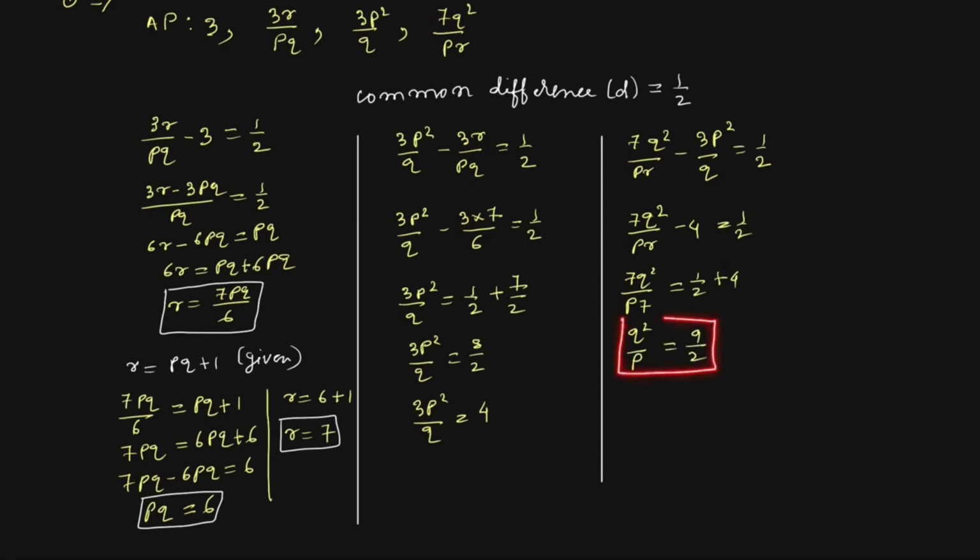So from this we will take p equal to 2 and q square equal to 9.